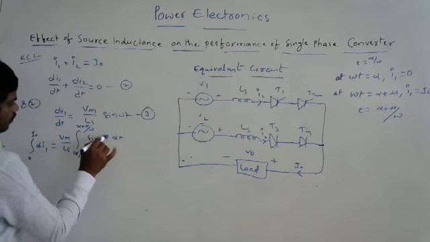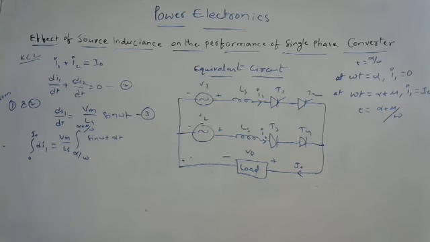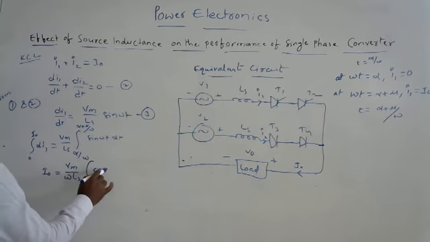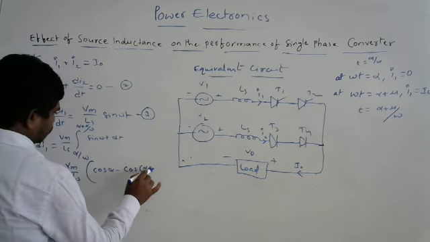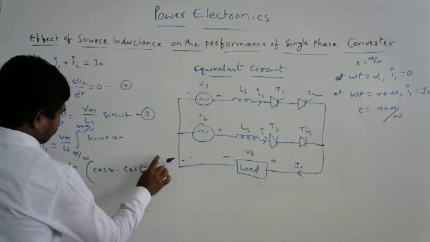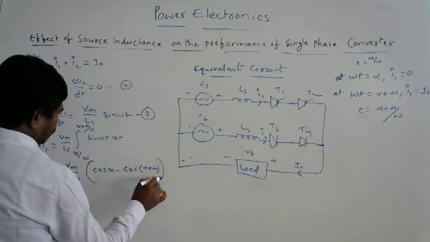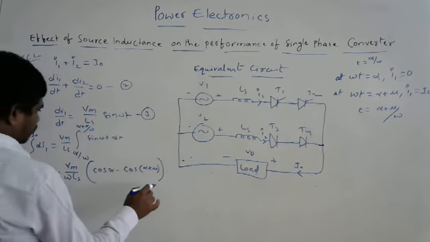It is in terms of dt, but we have the omega. So when you do this integration, we get I0 is equal to, a very important equation, Vm upon omega Ls times cos alpha minus cos alpha plus mu. This is equation number 4.